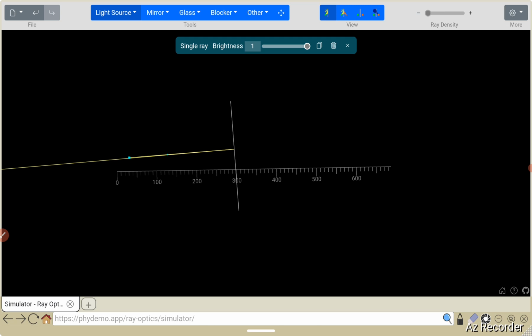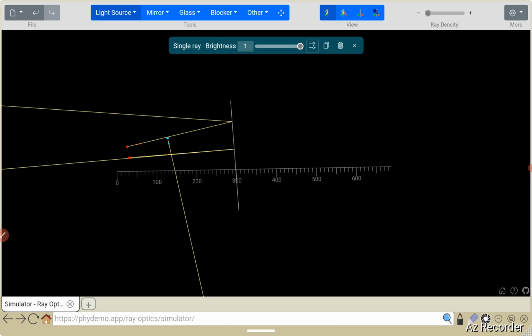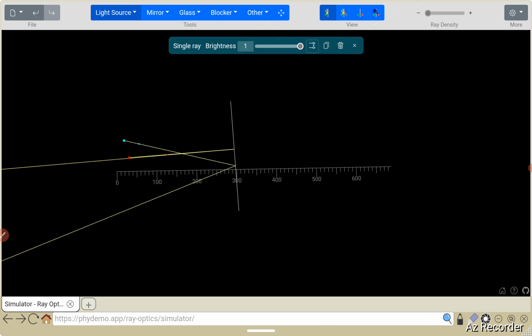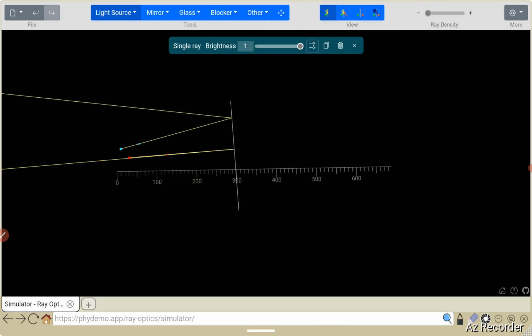And now I will take one more light ray, touching the mirror at some angle. Now I will shift it. Let me shift it here. The same ray I just need to shift, so that we will get it easily.